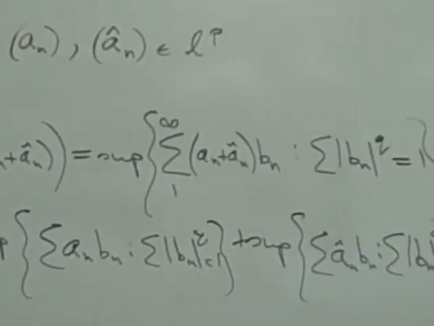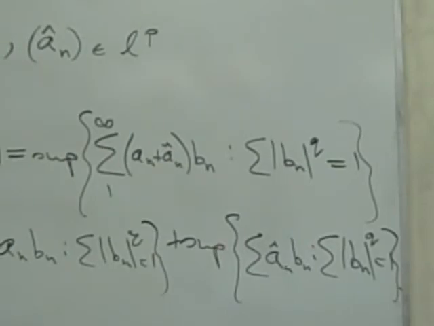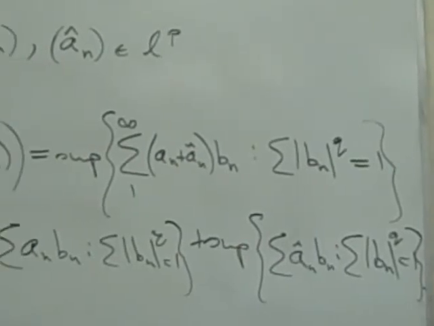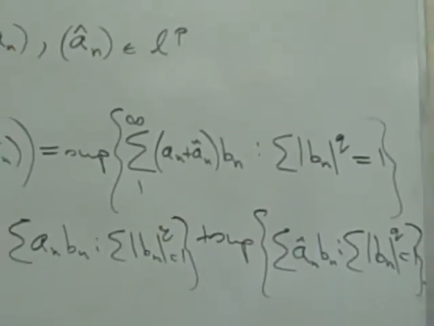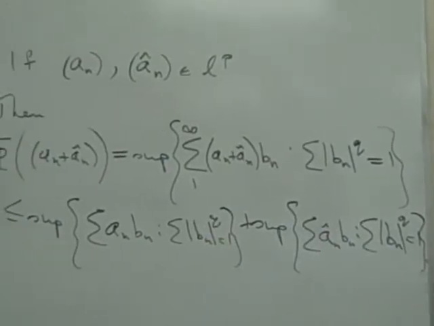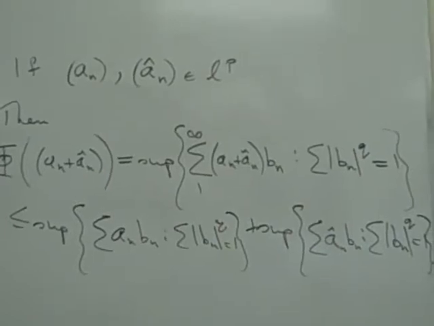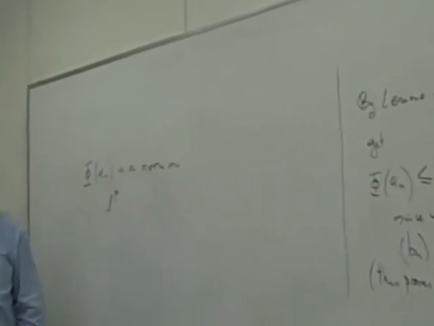So that's the triangle inequality. And therefore, phi of a_n is a norm on little l^p.